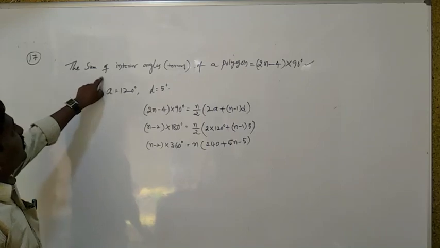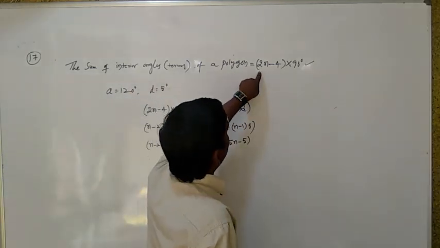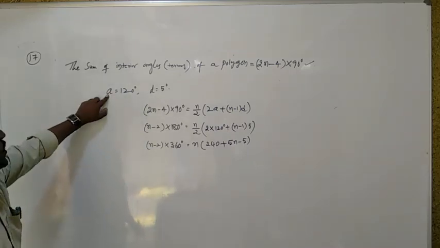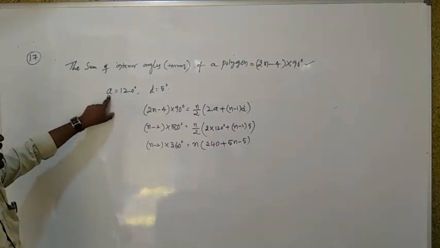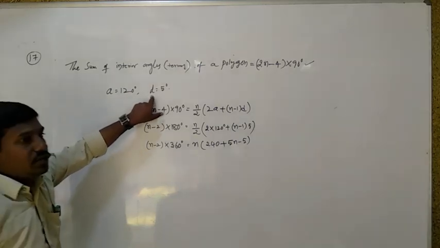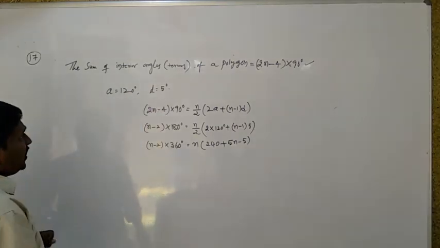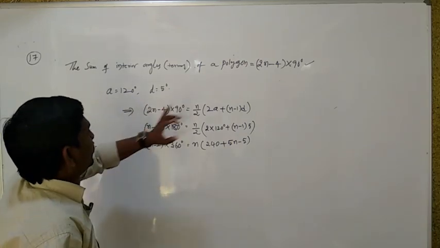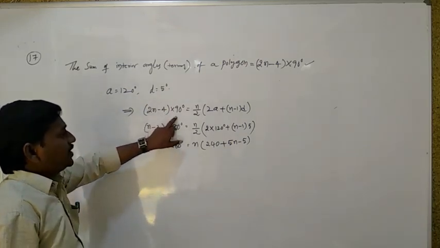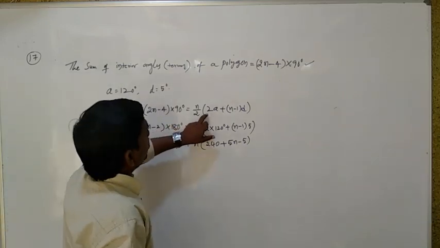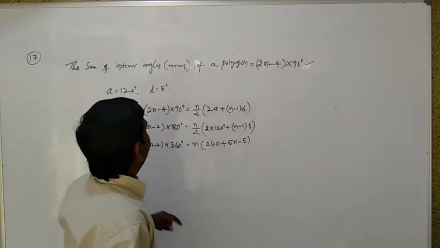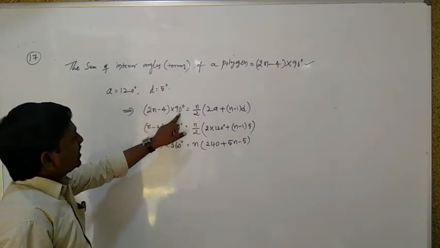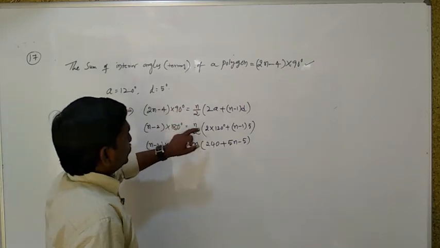Look at the sum of interior angles of a polygon, (2n minus 4) into 90 degrees. This is the standard formula. Here, according to the problem, A equal to 120 degrees, D equal to 5 degrees, and equate the standard formula to the general formula. (2n minus 4) into 90 degrees equal to n by 2 into (2a plus (n minus 1) into d). By the simplification, (n minus 2) into 2 90s are 180 degrees, n by 2.